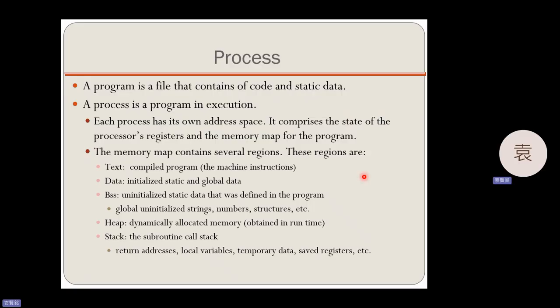For example, in C, if we use the malloc memory allocation call, then the memory allocated through this call is located in the heap area. The last segment is the stack area, used to store data required for handling subroutine calls, for example the return address, local variables, temporary data, and registers.